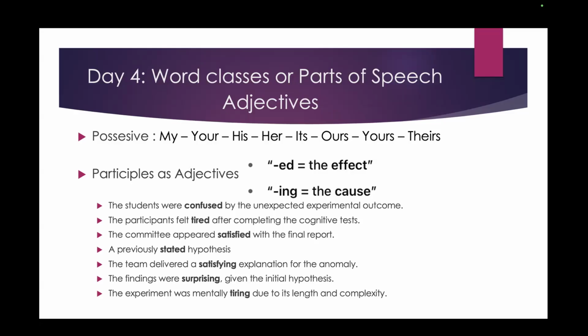So this is talking about the experiment that was tiring. The cause, that is the experiment, is being used, and then we have to add this ing at the end.